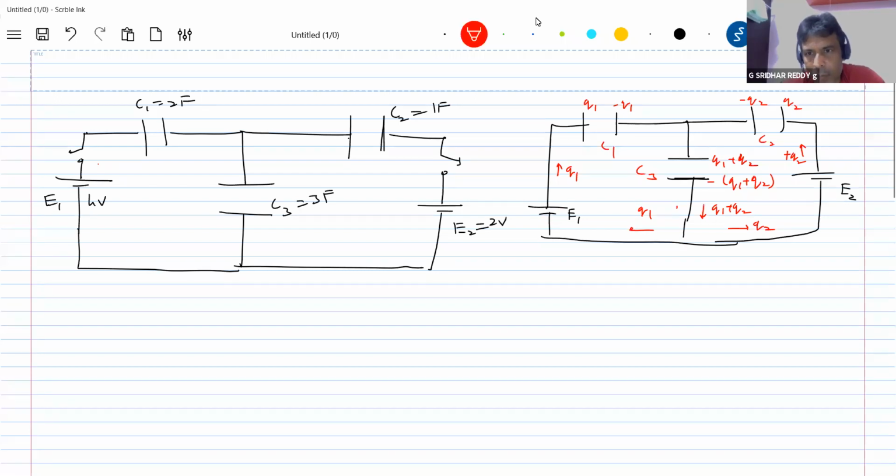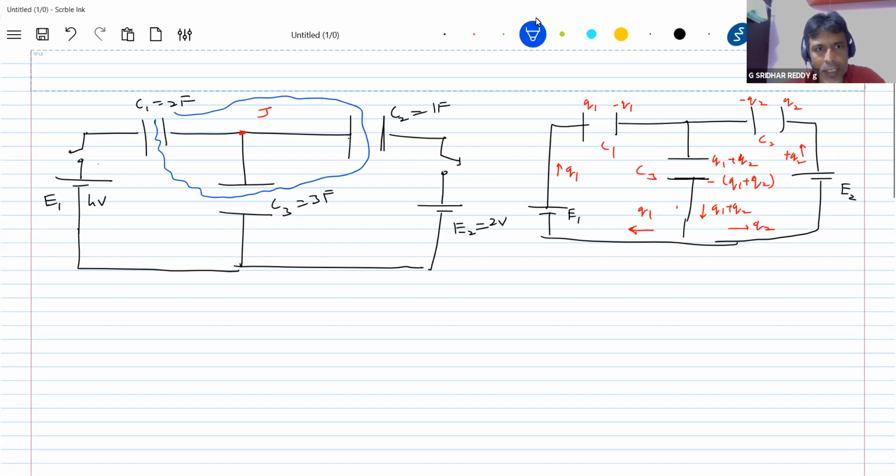Then one very important thing you notice here. What is that? This junction. Look at the charge of these plates. It must be conserved. Isolated junction. So what was the initial charge? 0, 0, 0. Final charge should be 0.